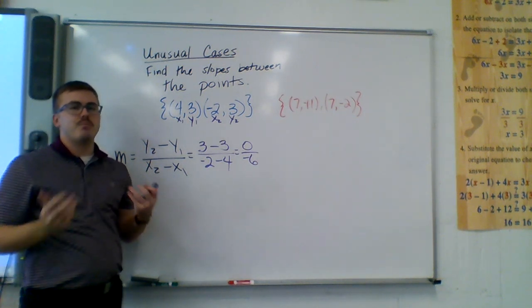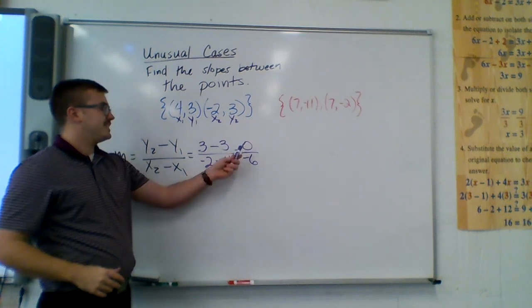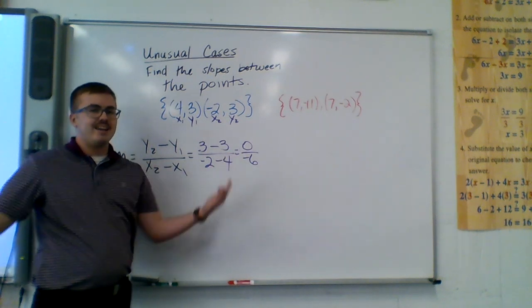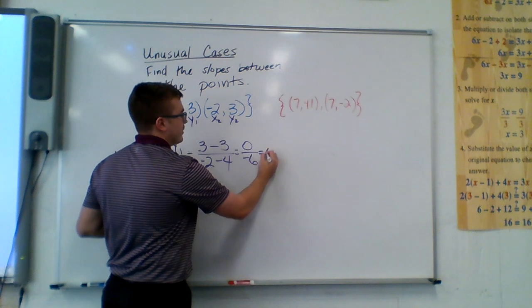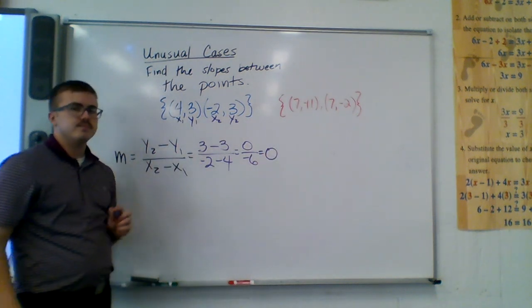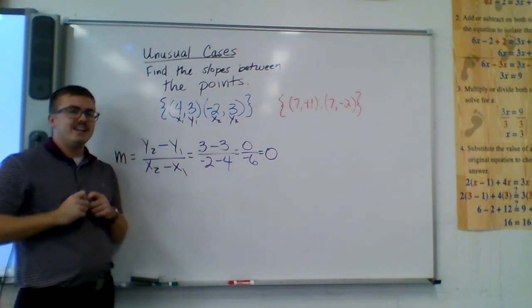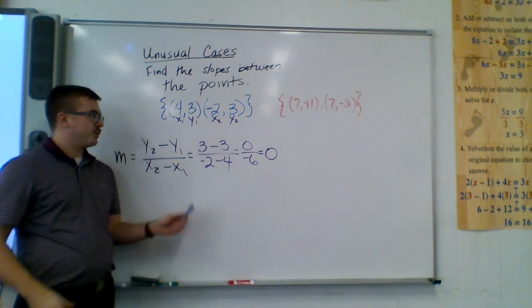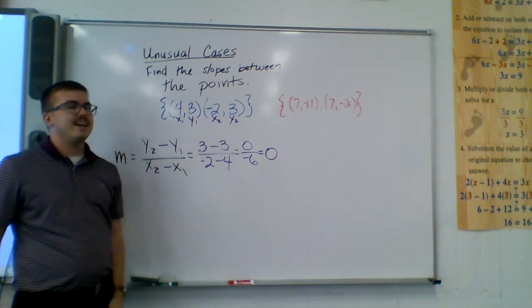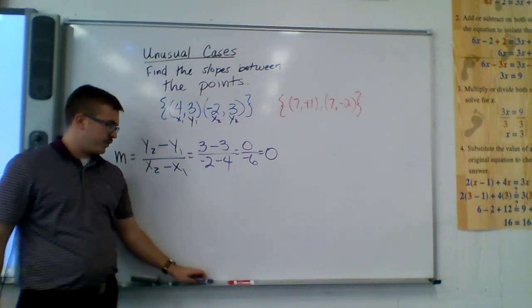I've been seeing a lot of people do these wrong. 0 divided by any number is 0. So this one would have a slope of 0.